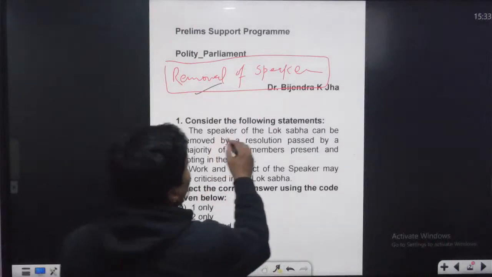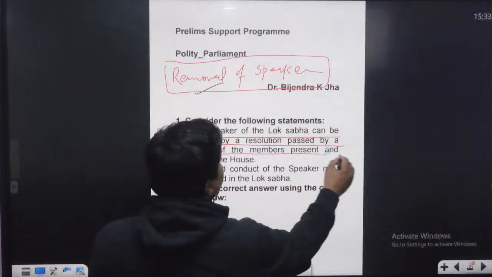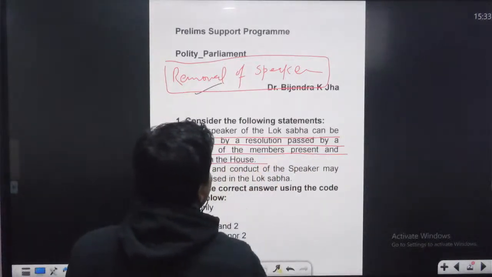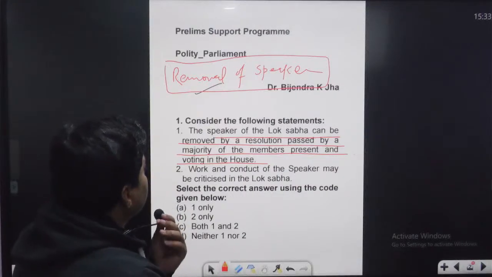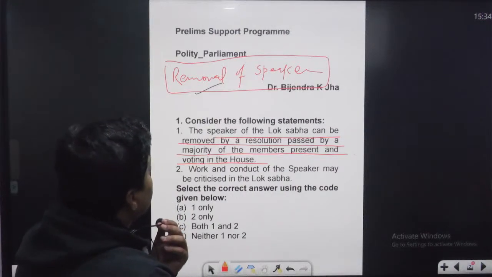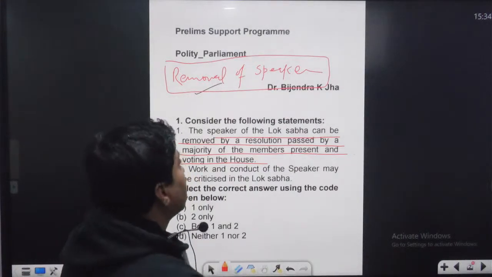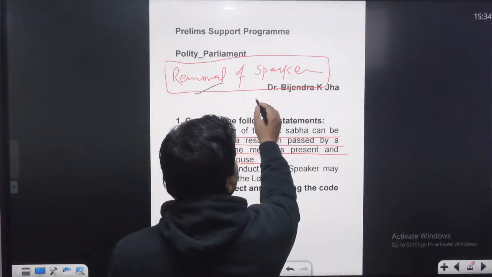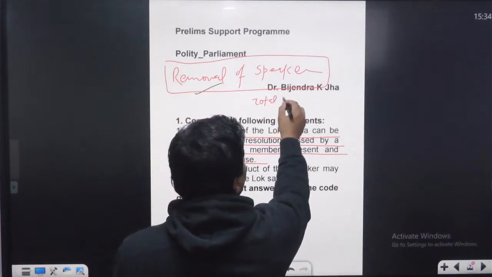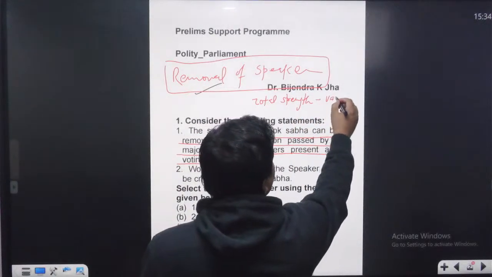That is, the Speaker of the Lok Sabha can be removed by a resolution passed by majority of the members present and voting. Now, here he can be removed by effective majority, that is, the total membership minus vacant seats.